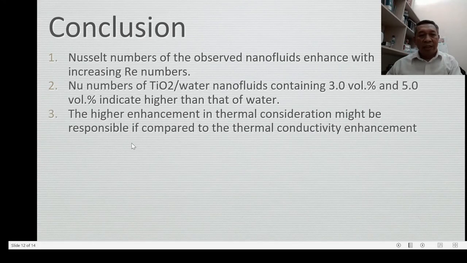The higher enhancement in thermal performance might be compared to the thermal conductivity enhancement.